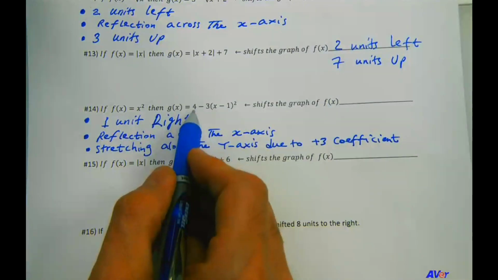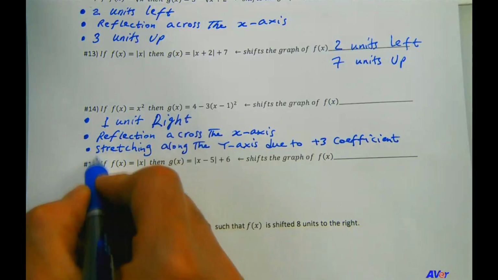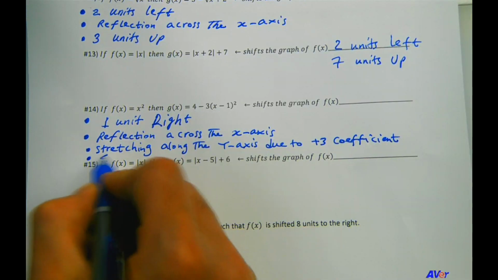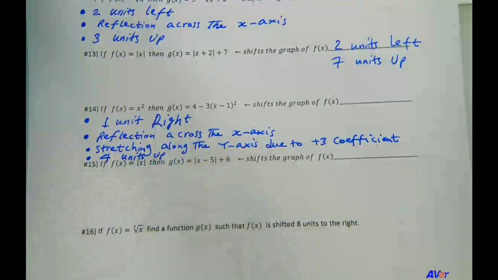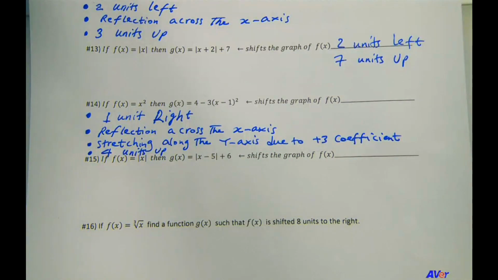And then, of course, we have this 4. So we have 4 units up. So there's a lot that is happening, right? So let's go back to the computer for number 14.